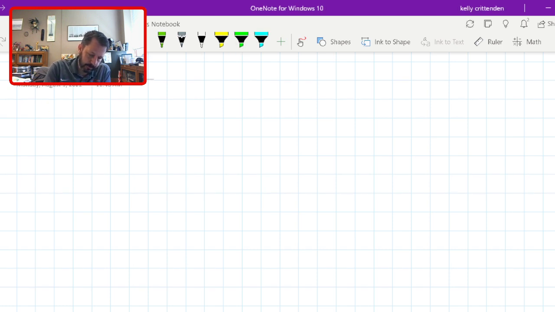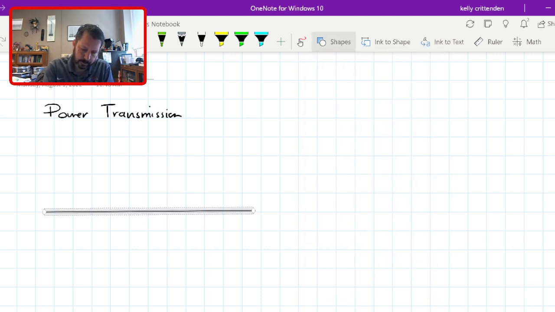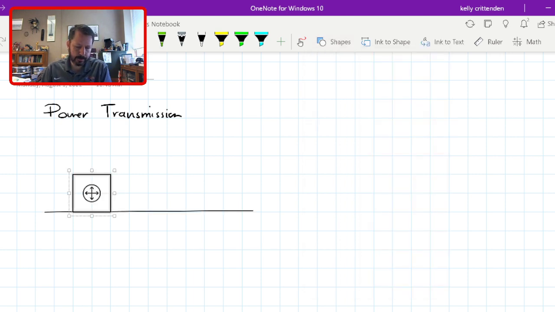So, not green. Let's write in this color. There we go. Power transmission. We're transmitting power from one place to another through some kind of circular shaft, either solid or hollow. That part doesn't matter. We're actually going to start with a regular looking box.